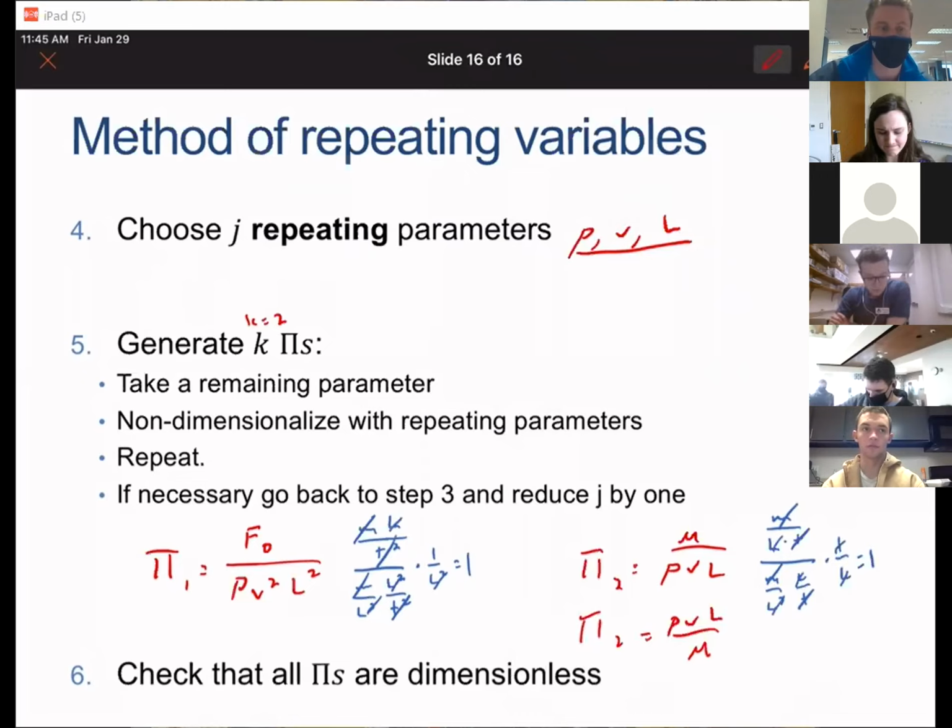You'll know it's enough pi's if all of your parameters are in there and they're independent. You can't get one of them from the other one. That's how you'll know you have enough. And if you can't do that with the number of pi's you have, you'll have to add another pi and then repeat. Okay, thank you.